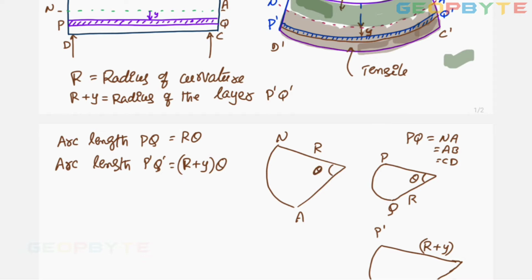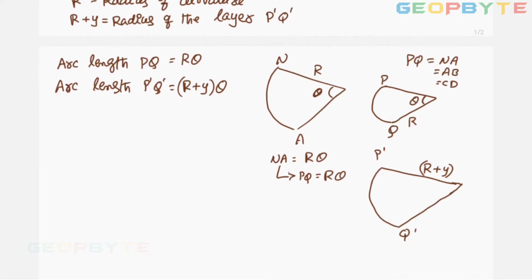Then the arc length NA equals R theta only, but NA is equal to PQ only. That is equal to R theta. That is the reason I have written arc length PQ equal to R theta. Then the change in length of the layer.